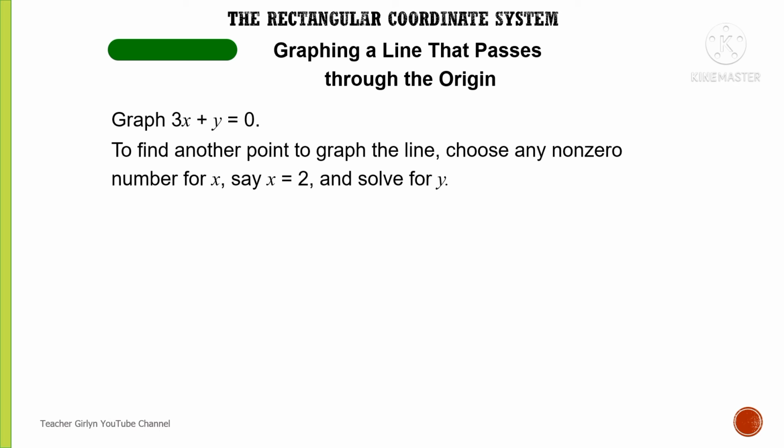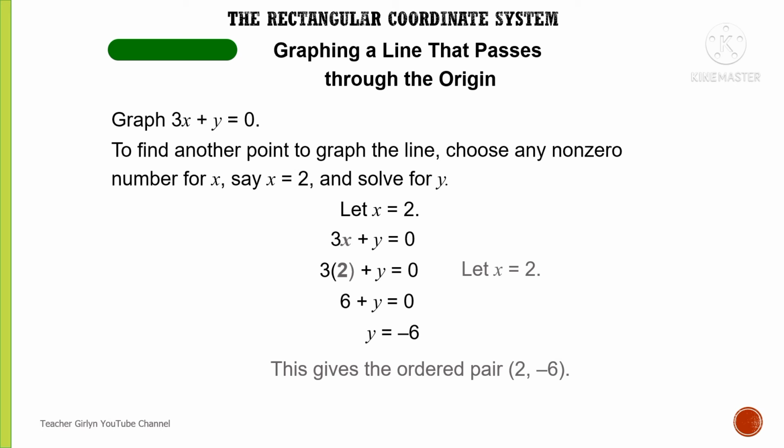Say, for instance, x = 2, and solve for y. Let x = 2. So 3x + y = 0. Substitute the value of x into the equation and solve. That gives us y = -6. So the ordered pair is (2, -6).